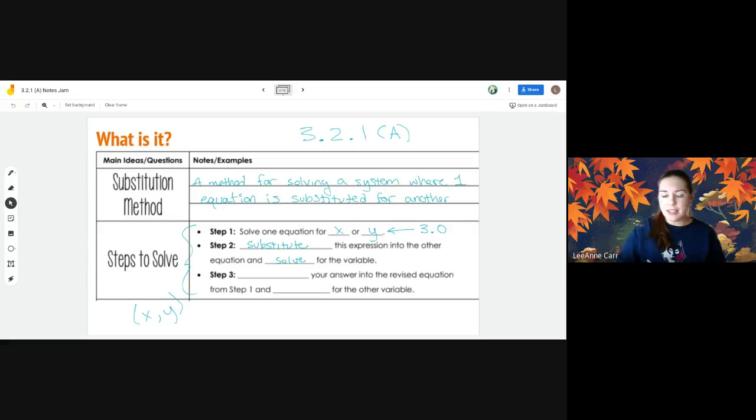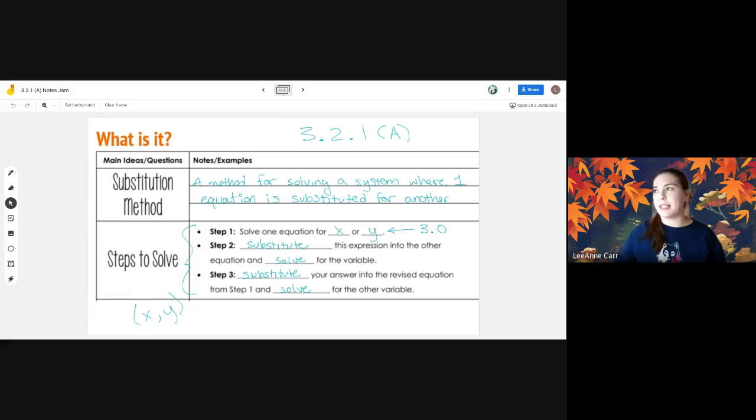So what that tells me is that we actually have to solve for both an x and a y. So once we solve for one variable, we're actually going to repeat this process. So step 3 is to substitute and solve again. You have to solve for an x and solve for a y.